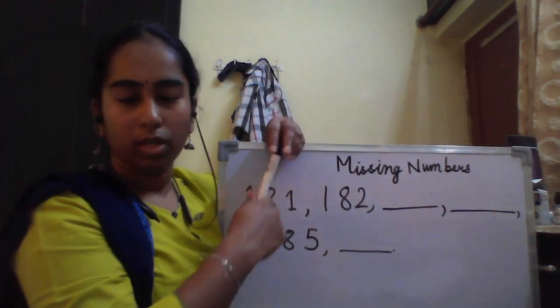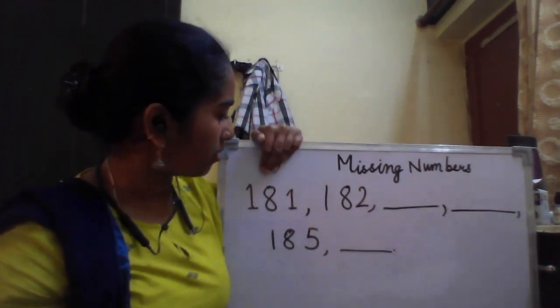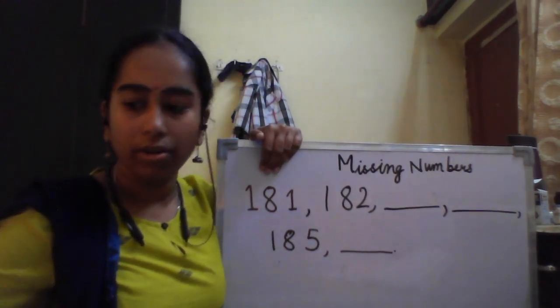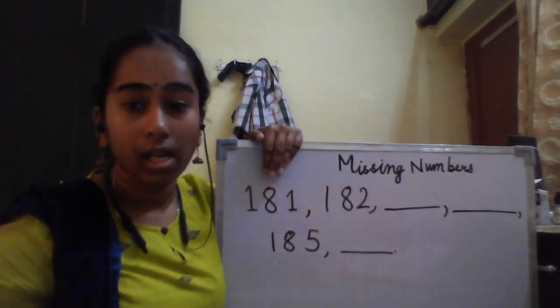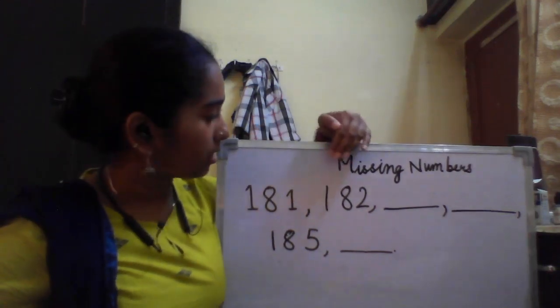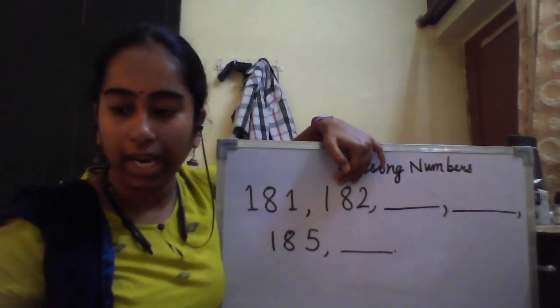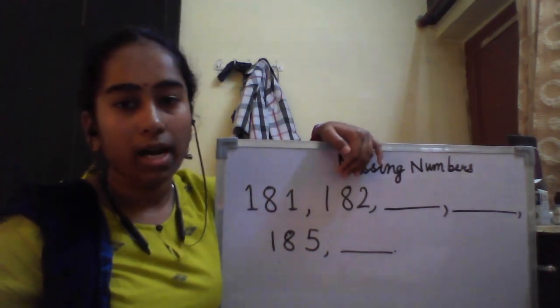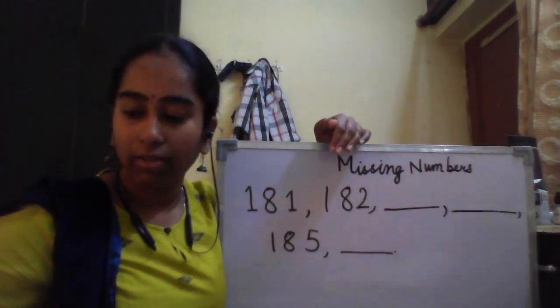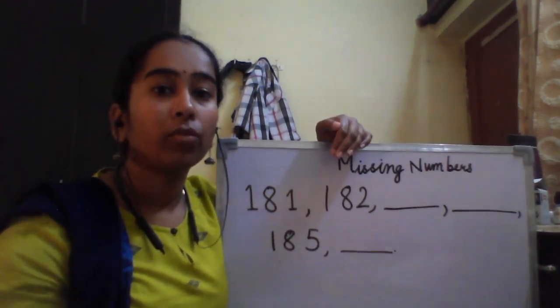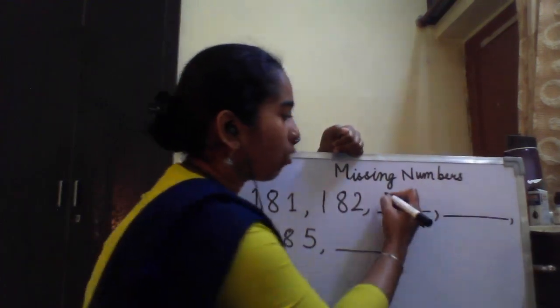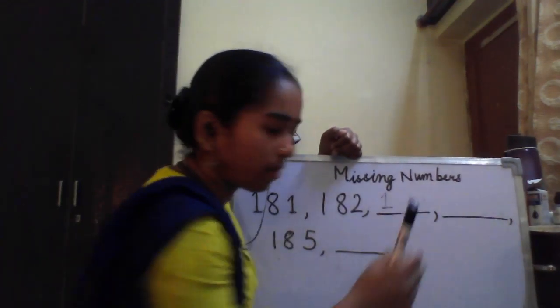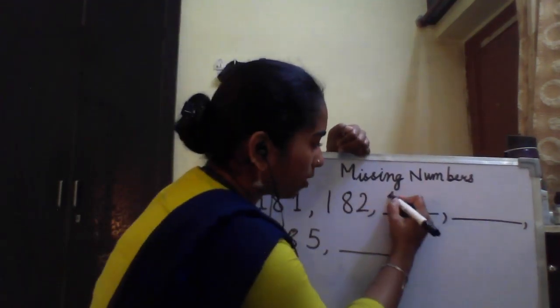Let's do it. Okay. So tell me, what is this? 181. Next that comes is 182. What is it? 182. What comes after 182? Yes, 183. Write it down.